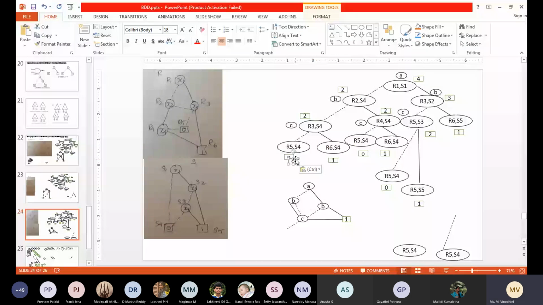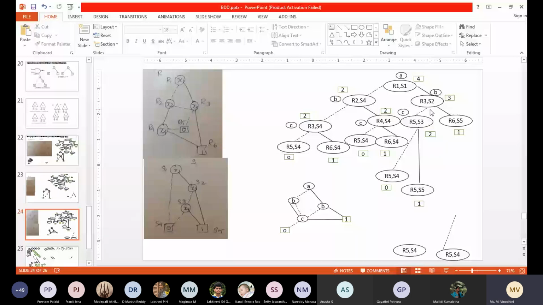C 0, 1. So C, and this second B, when it is 0, C. And when it is 1.